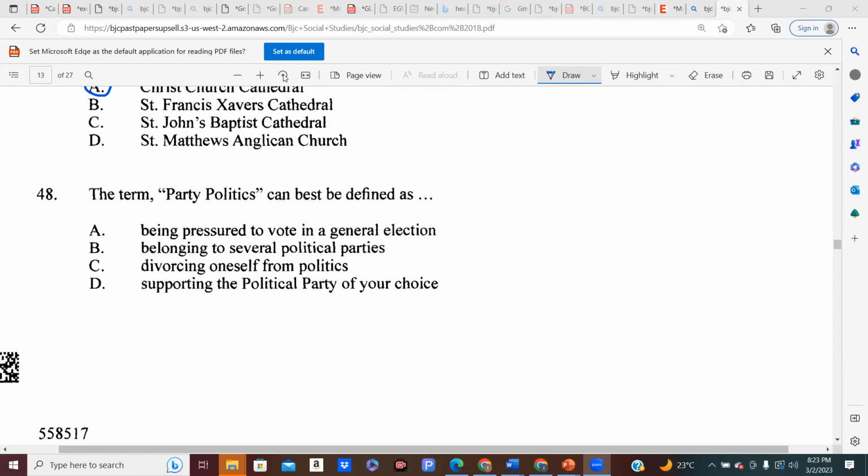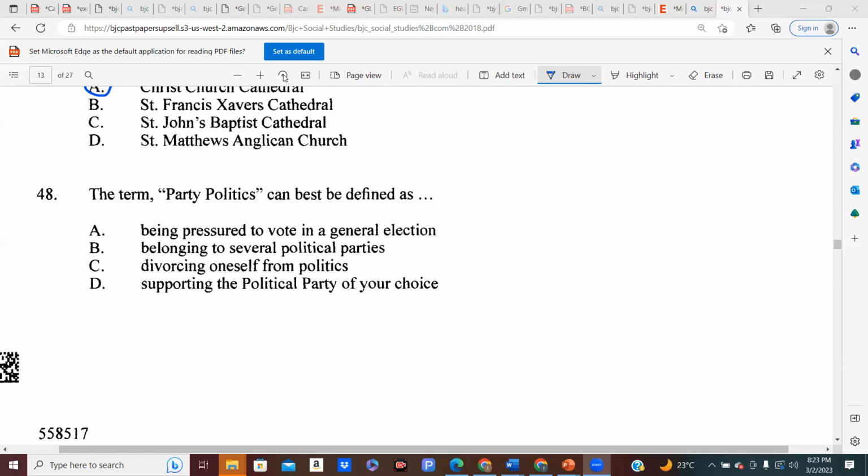What if you're pressured to vote in a general election even though you don't want to vote? Is that still party politics? No, because you didn't choose to do it. Okay. I struggle with this question. It's definitely between A and D. I honestly can't say.